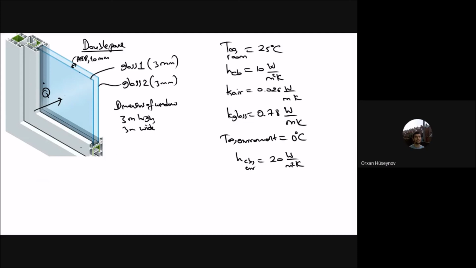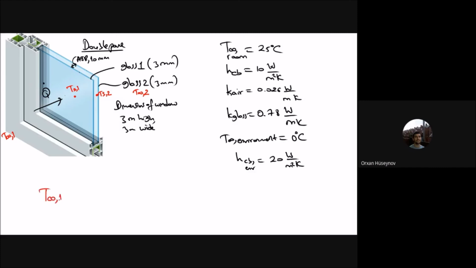I will start with the resistance concept. On the glass you will have TS1, and since we have two glasses here, on the next glass you have TS2, and here T infinity 1 and T infinity 2. Let me write in a resistance concept.